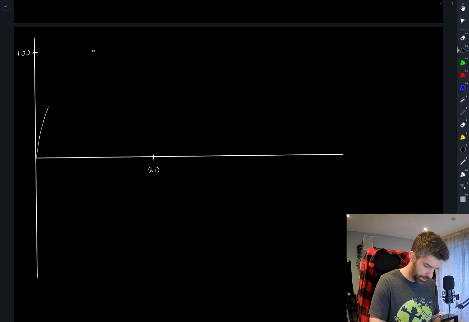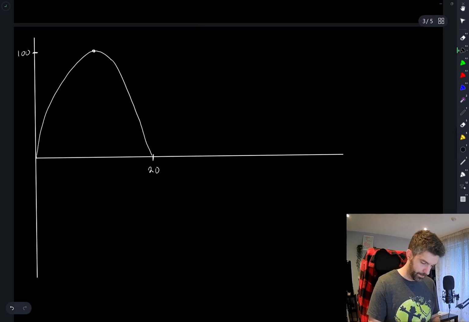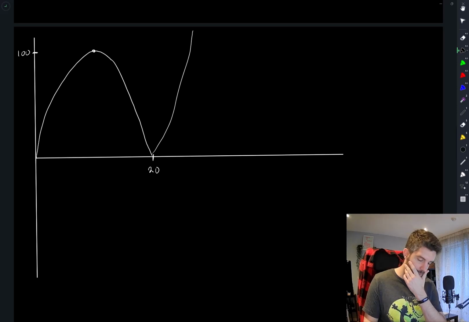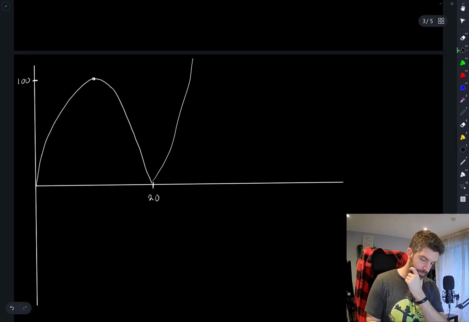So this is the original function. And I'm going to shift it downward by c. That's equivalent to taking this axis and just moving it straight up.